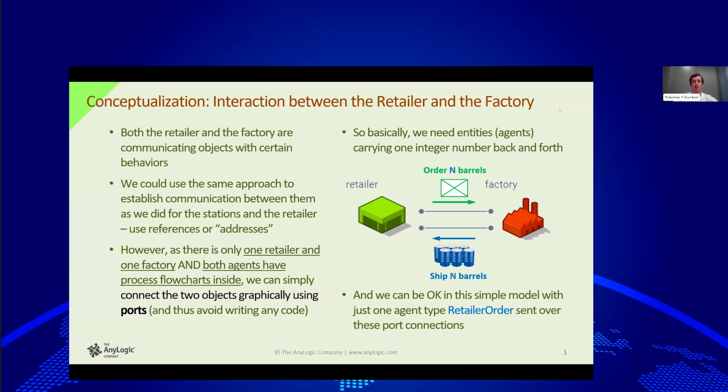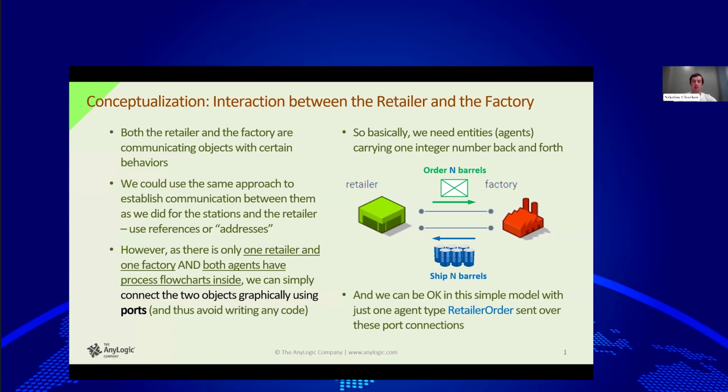But since we have a flowchart inside our retailer, and we will have a flowchart inside our factory, we can simply connect them using ports and connectors. And there will be an agent traveling between them for the order and for the shipment, and we will utilize just one agent type, retail order.